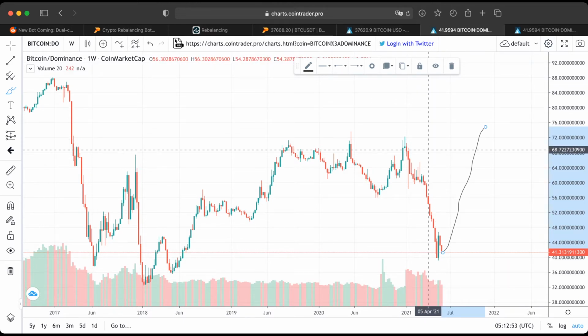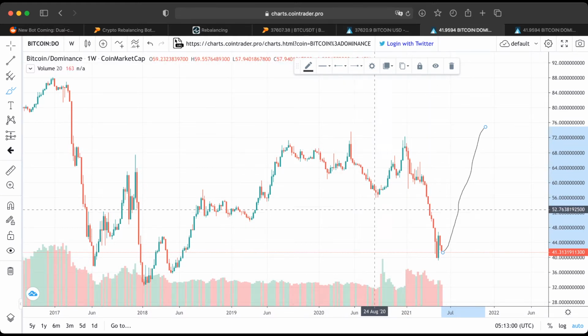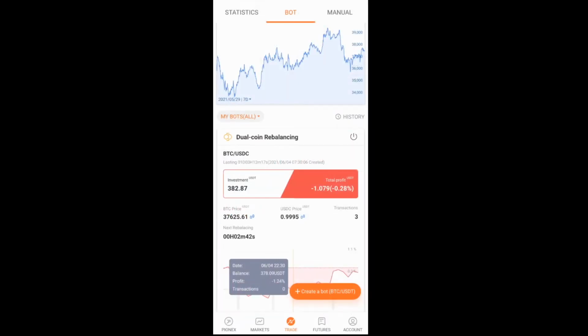What I want to do is hold half of my portfolio in stable coins and half in Bitcoin. That is exactly what this bot will do.